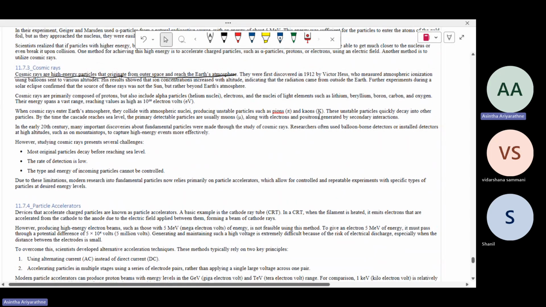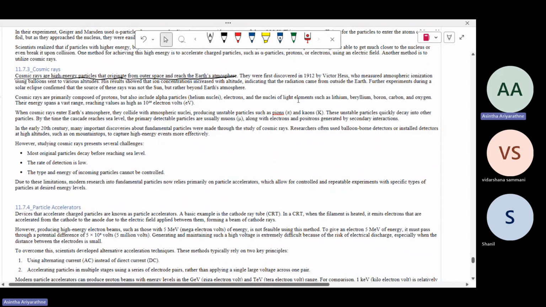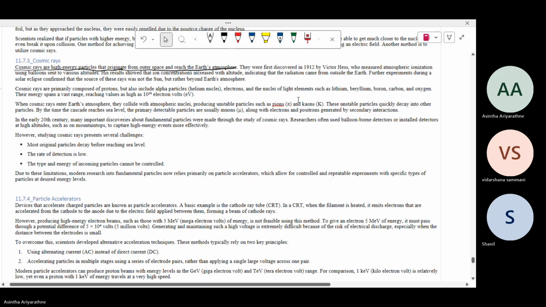Very important observation was made about cosmic rays, which are very high energy particles.